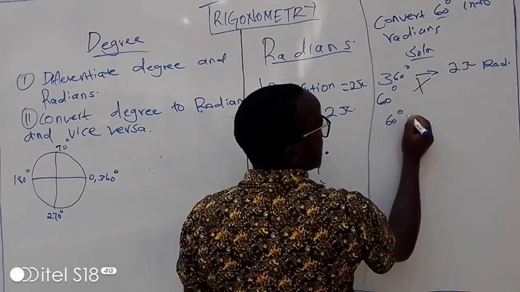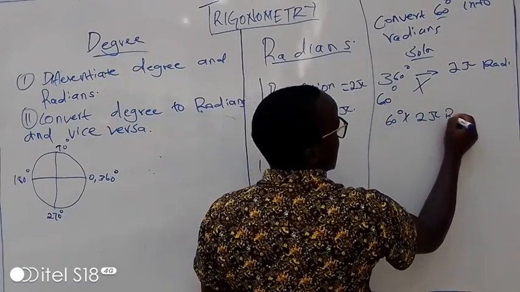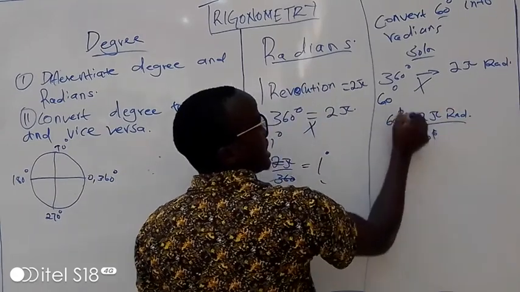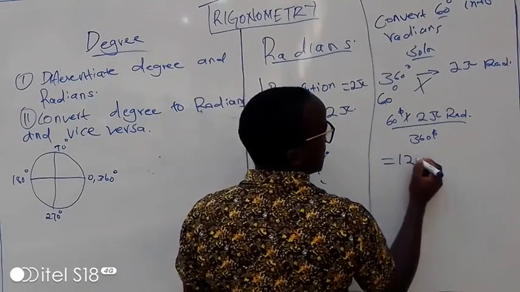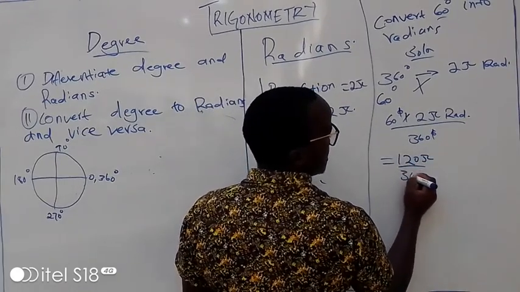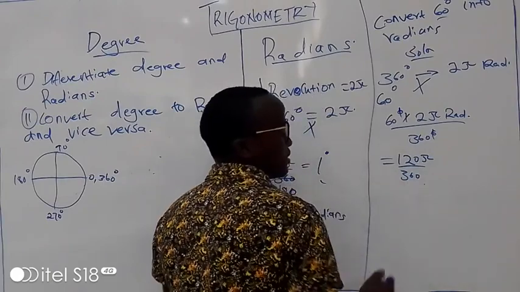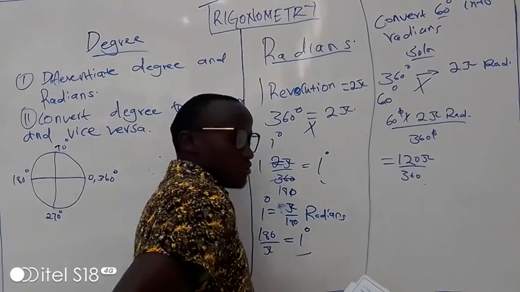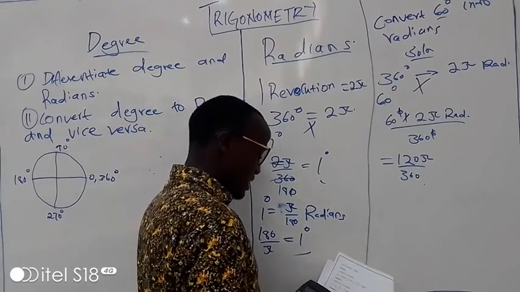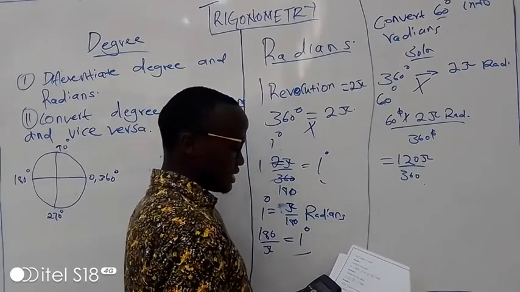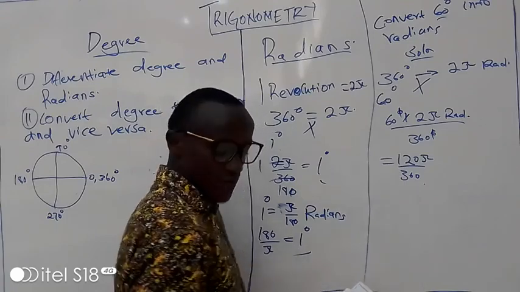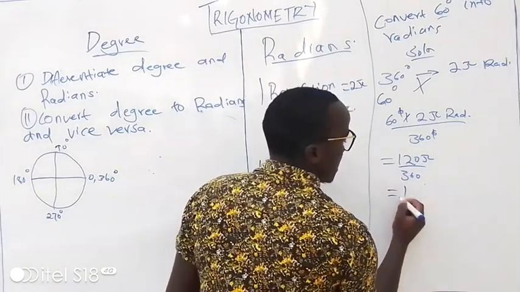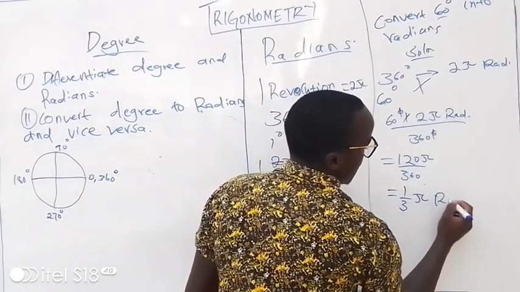It is 60 degrees times 2 pi radians over 360 degrees. Degrees and degrees cancel, so we have 120 pi over 360. Dividing through, 120 divided by 360 gives 1 over 3. So this will be 1 over 3 pi radians.